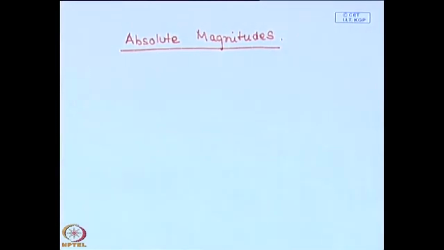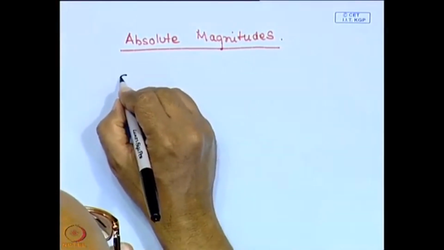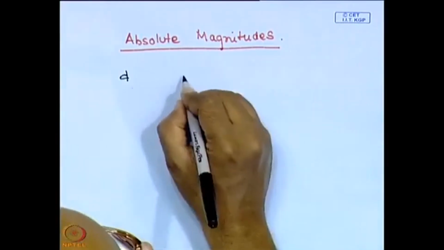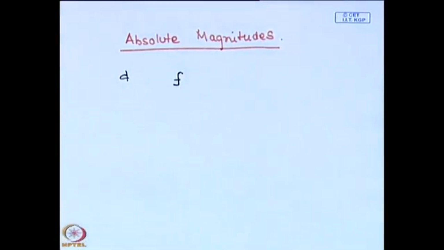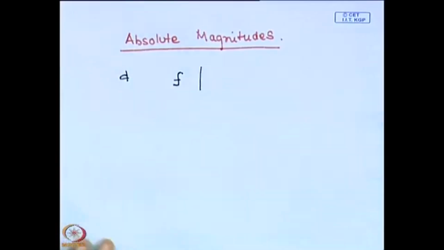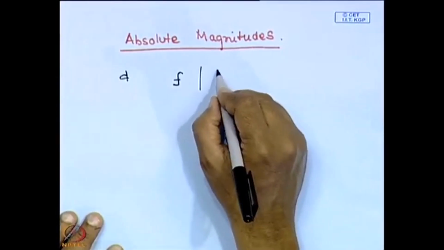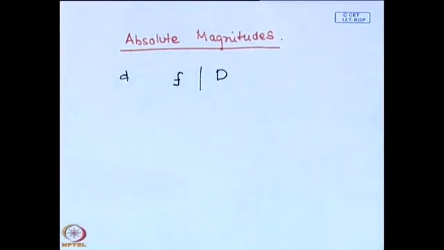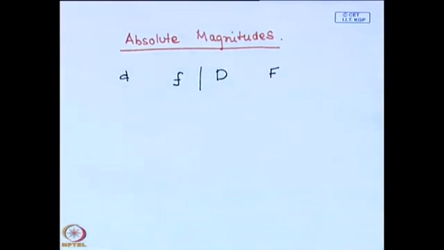So, let us consider a source at a distance d and from which we are measuring a flux f. Let us now ask the question, if the same source were placed at a distance capital D, what would be the flux F?